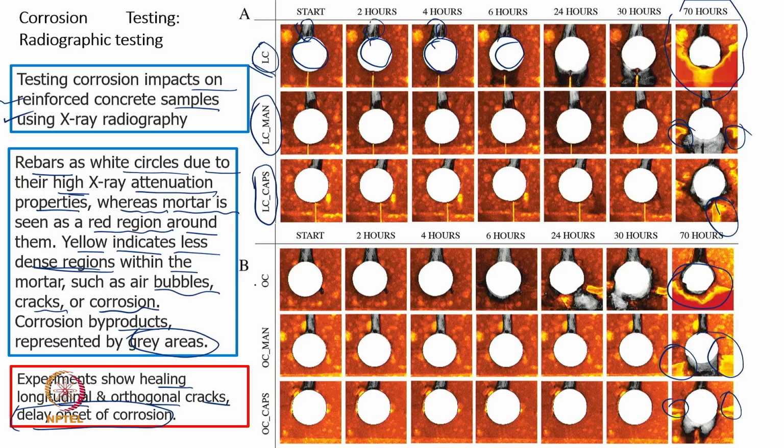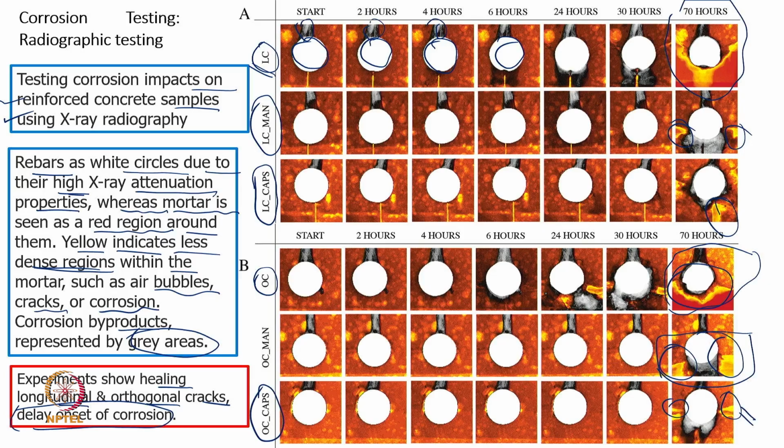Coming to the orthogonal crack, we also see more yellow portion in the unhealed one, while in the manual case we also see some yellow portion, but in the automated case we do not see a significant yellow portion.